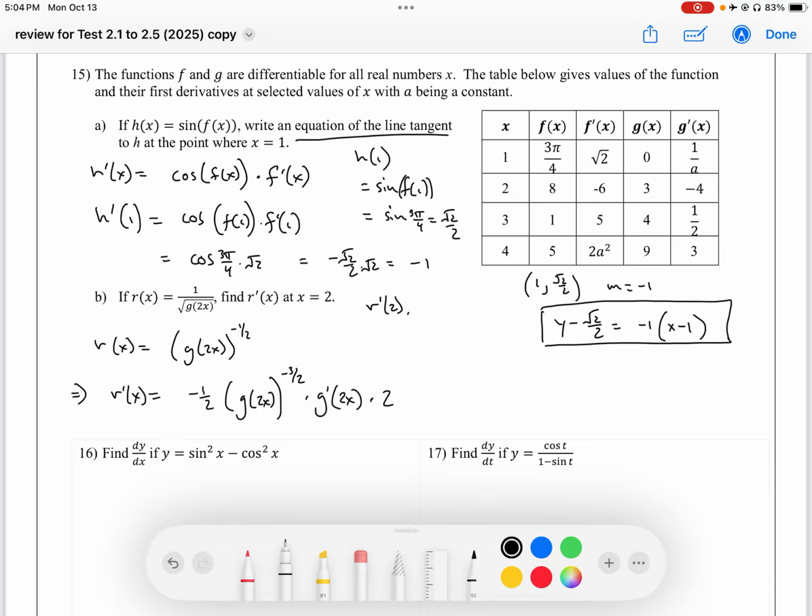So if I simplify this a little bit, I should get r prime of x is equal to basically negative g prime of 2x divided by g of 2x to the 3/2 power, right? I'll just move that down there.